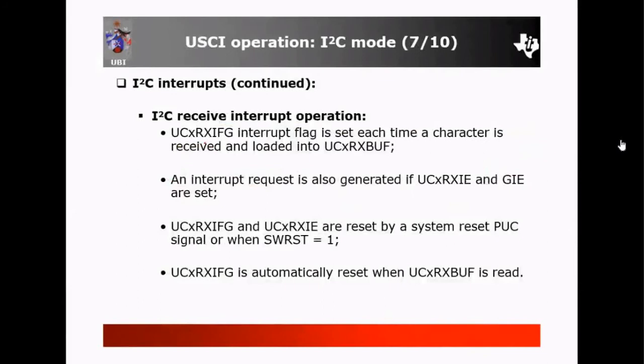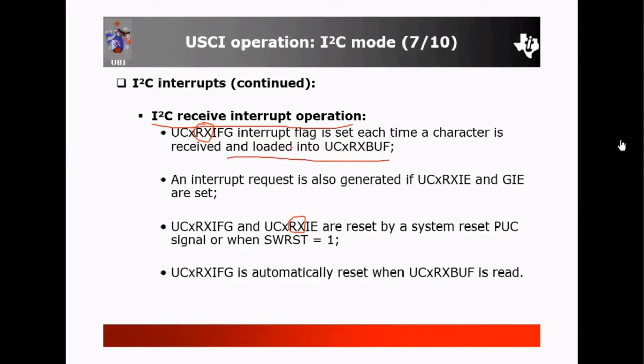Now the same thing you can see for the receiver end. This is the I2C receive interrupt operation. In the case of the receiver, it is indicating RX always. Remember, the rest of the things are the same. The UCxRXIFG interrupt flag is set each time a character is received and loaded to the UCxRXBUF buffer.